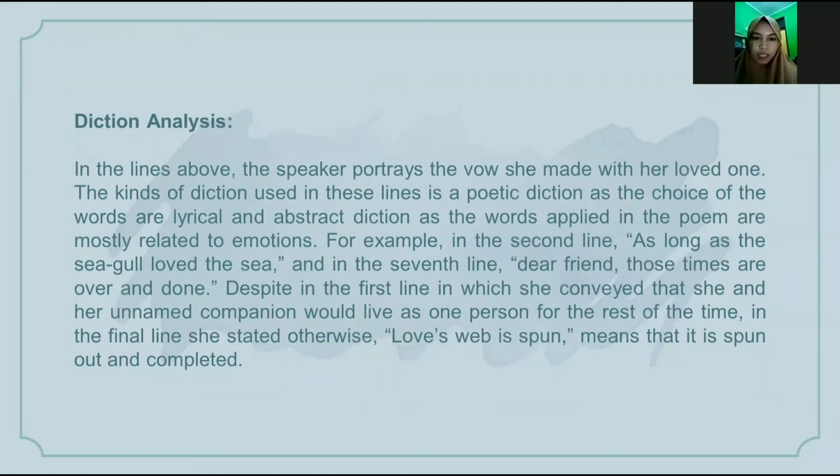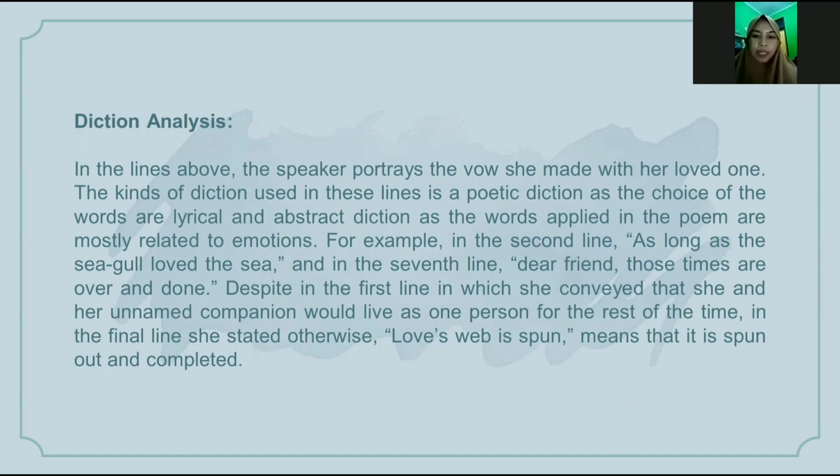Diction analysis. In the lines above, the speaker portrays the vows made with her loved one. The kind of diction used is poetic diction, as the choice of words is lyrical, and abstract diction, as the words applied in the poem are mostly related to emotions.